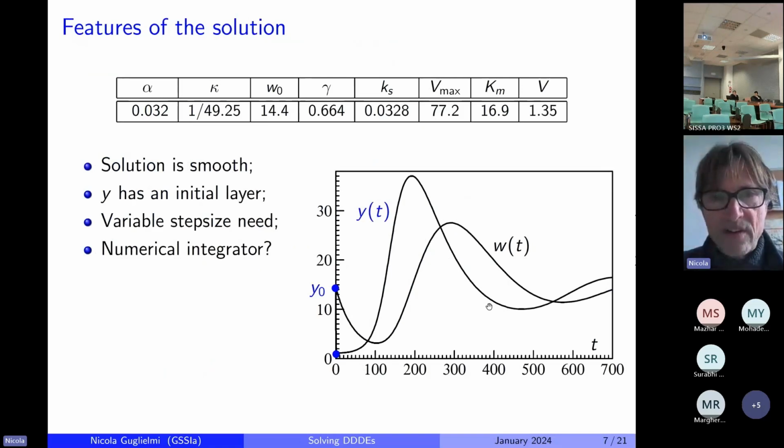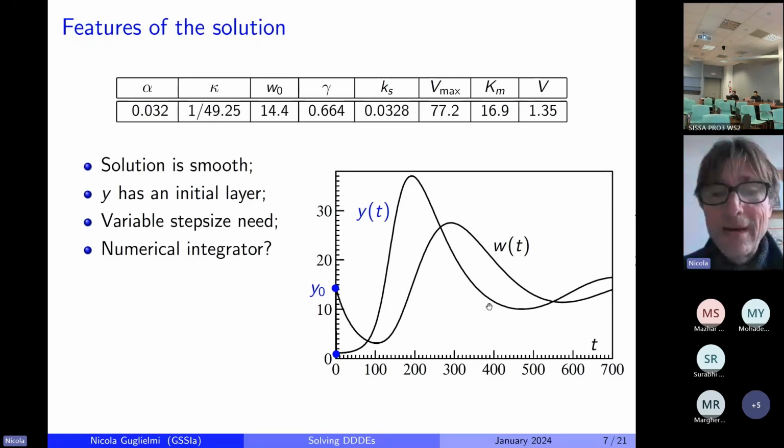So when we have this, I want to show you the solution that you can get. I give you just a reference of parameters for that. And I would like just to observe two aspects. One is that differently from discrete delays, which exhibit jumps in the derivative at multiples of the delays at breaking points, here the solution is smooth. And the other very important point is that if you look at y of t, so the granulocytes, you see that you have a transient layer.